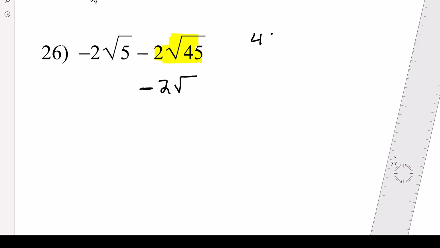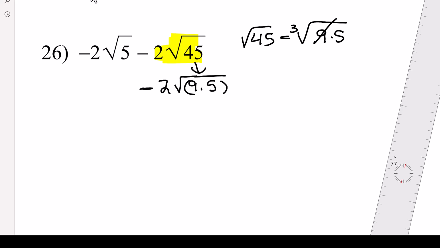Well, root 45 can be rewritten as 9 times 5, and then a 3 comes out. So I'm going to put 9 times 5, factors of 45. I'm going to bring a 3 out. So that is now subtract root 5, close parentheses. So now we have negative 2 root 5.